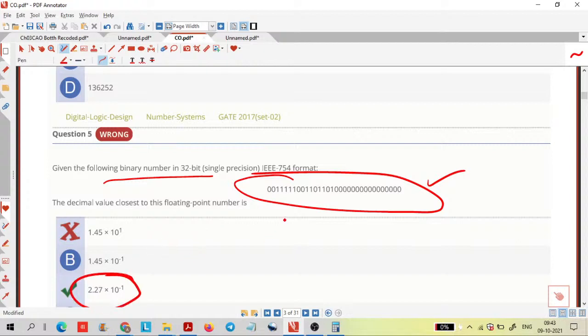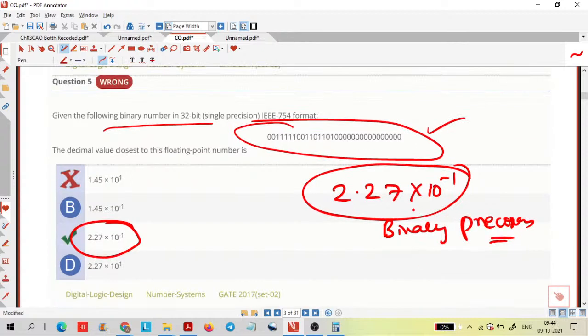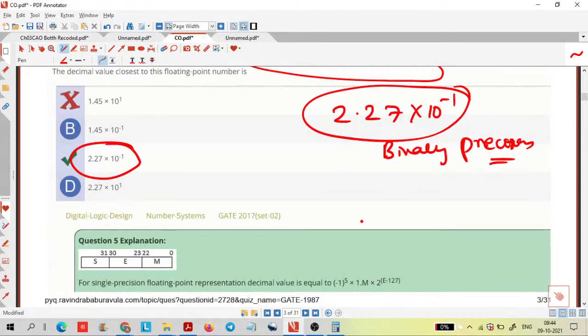Normally in the examination I tell you to convert this number into binary, single precision format. But here it is reversed: they gave the result and you have to convert it back into this form.